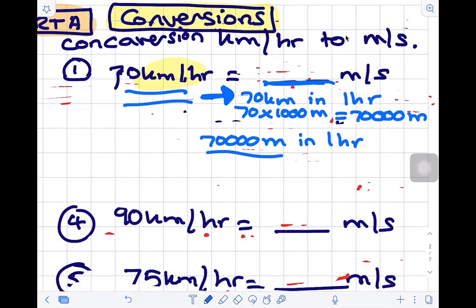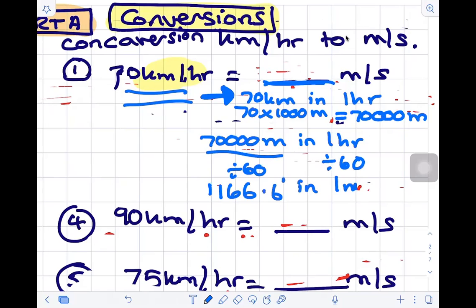If you're going to go for 1 minute, then you would have to divide the 70,000 by 60, which is 1166.6 recurring. That's in 1 minute.